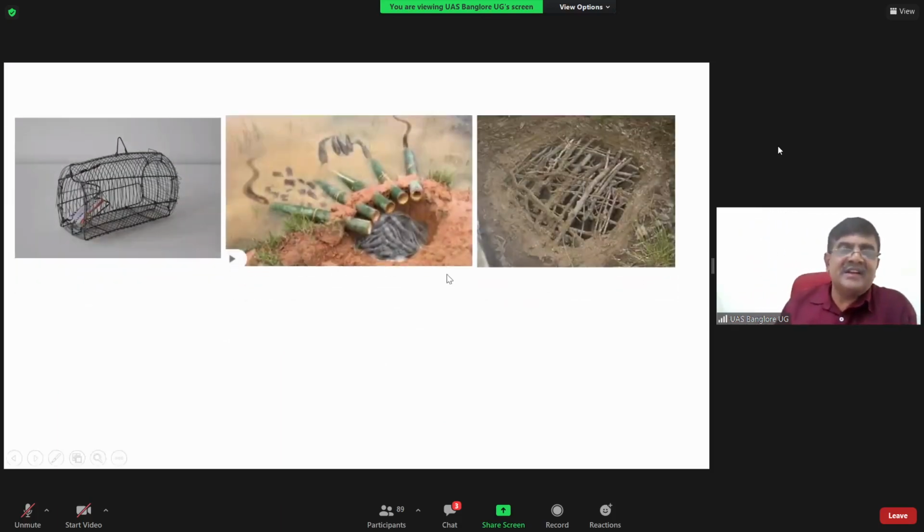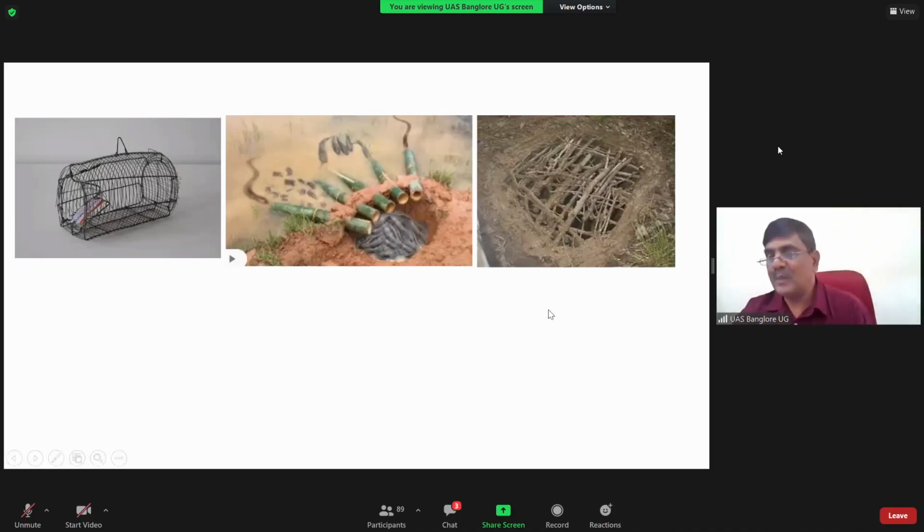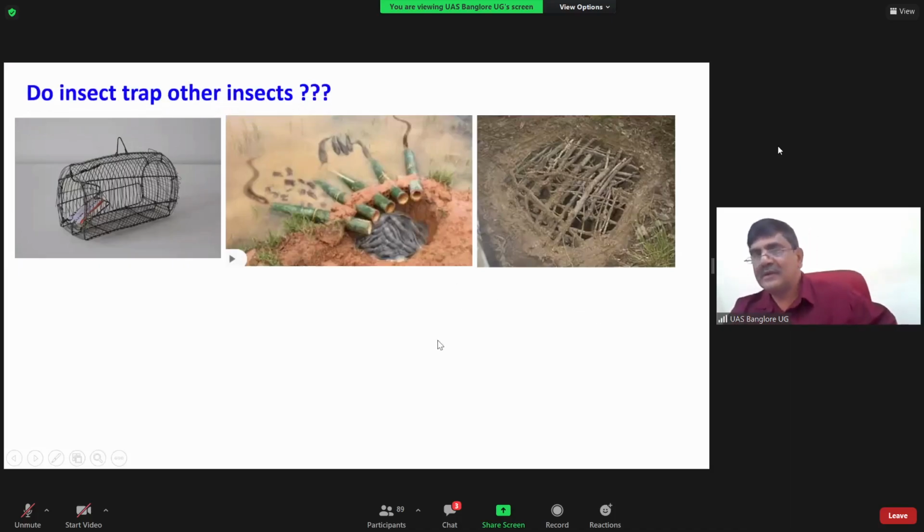And next, the human beings capture or trap various organisms. Here you can see a trap for trapping rats, and here the human beings have trapped fish.